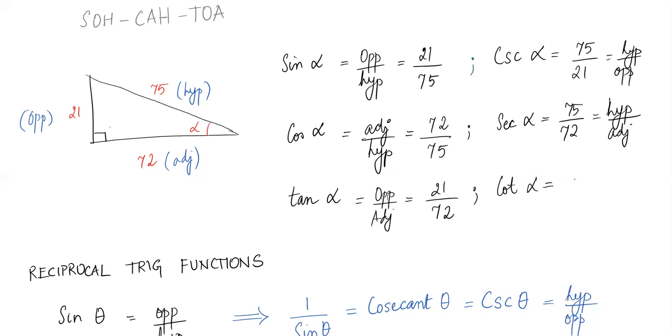Cot alpha is 72 over 21, which is adjacent over opposite. And this was the reason I didn't want to simplify these fractions. Technically we should, it's an unsaid rule, but I wanted to keep them the way they appear on the triangle. We have that here, okay?